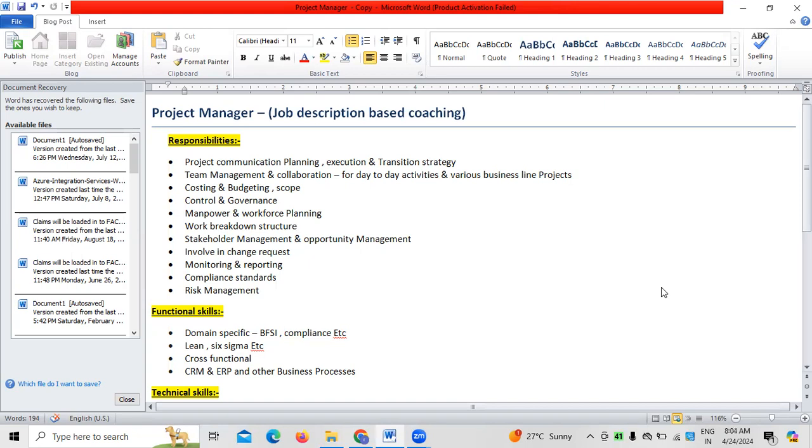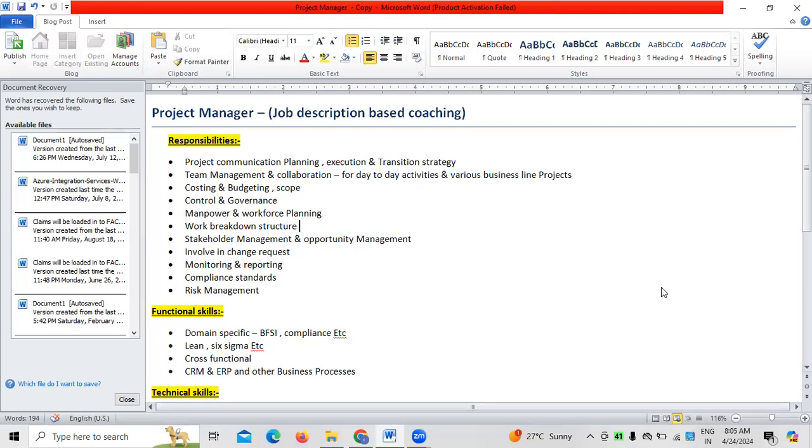That is something the project manager has to take care of. It's not only communication planning but also project planning and execution. What is the strategy we need to implement for execution, as well as the transition strategy? Any project manager must be good with that sort of understanding. That is point number one.